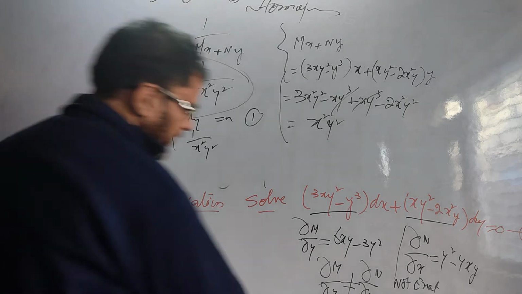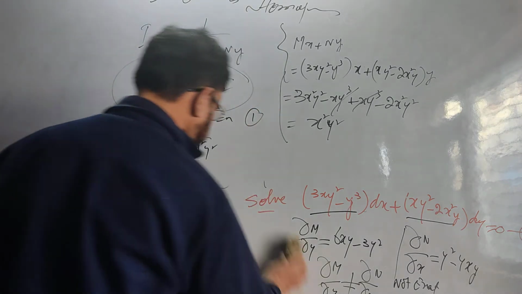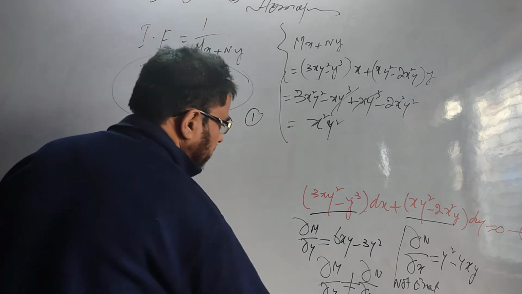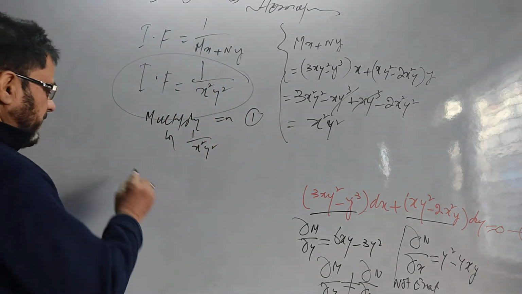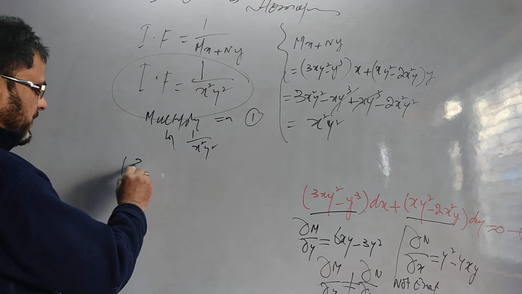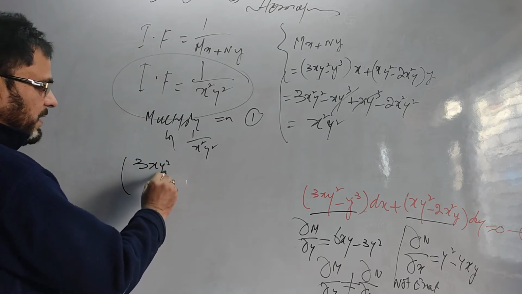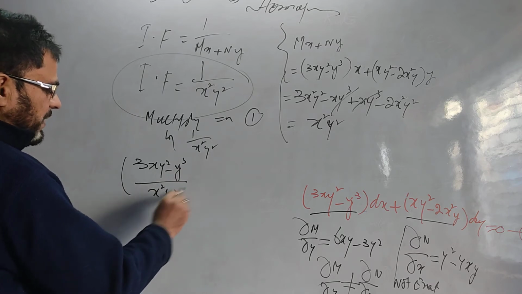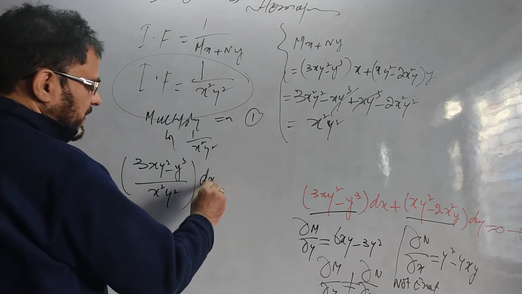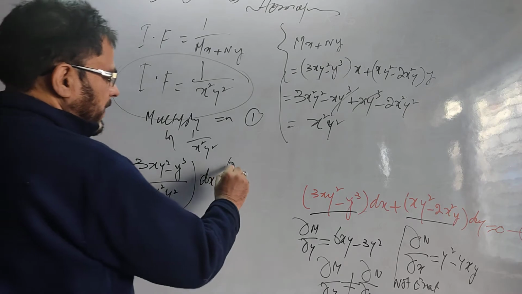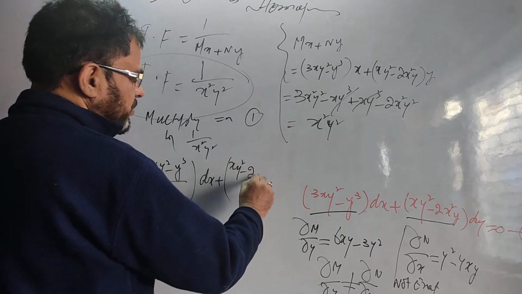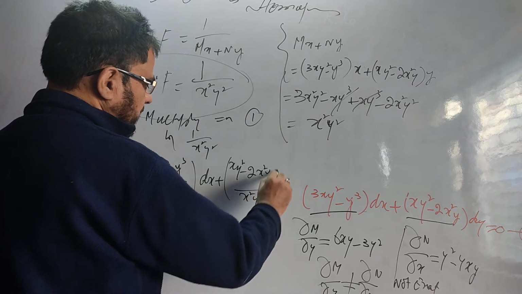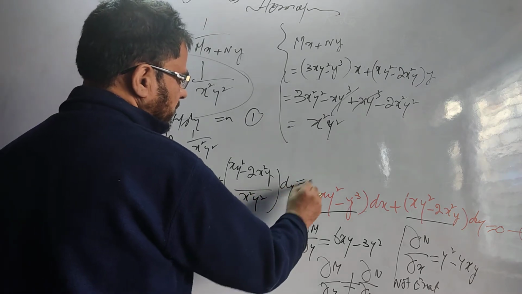You see where we reach. When you multiply, the differential equation becomes (3xy² minus y³) by x²y² dx plus (xy² minus 2x²y) by x²y² dy is equal to 0.